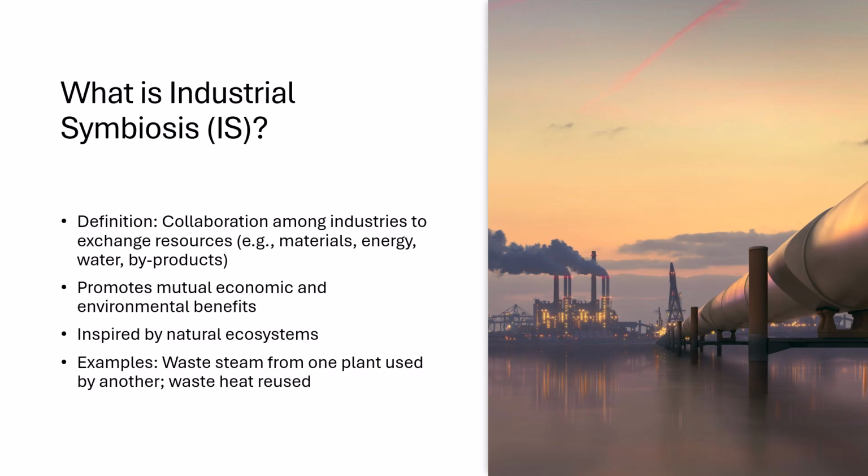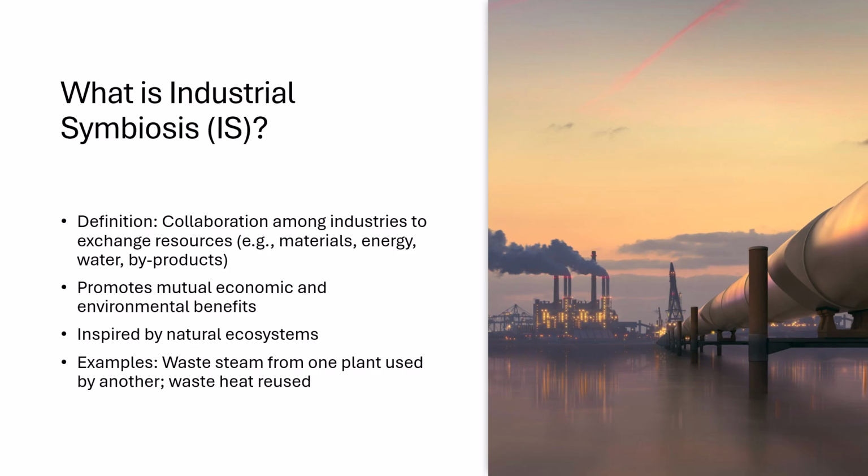Right. So next one, what is industrial symbiosis? Again, because we are referring to the journal, it explains the collaboration among industries to exchange resources, for example materials, energy, water, and byproducts. And it can promote mutual economic and environmental benefits, inspired by natural ecosystem.